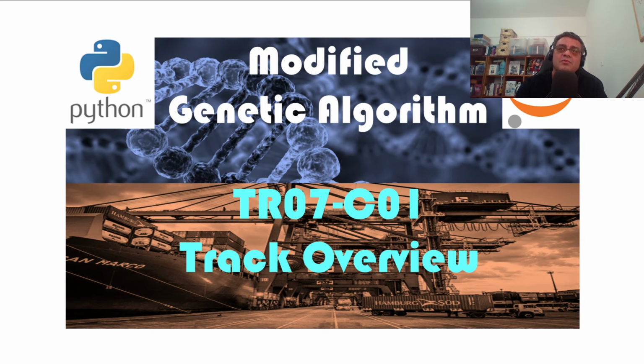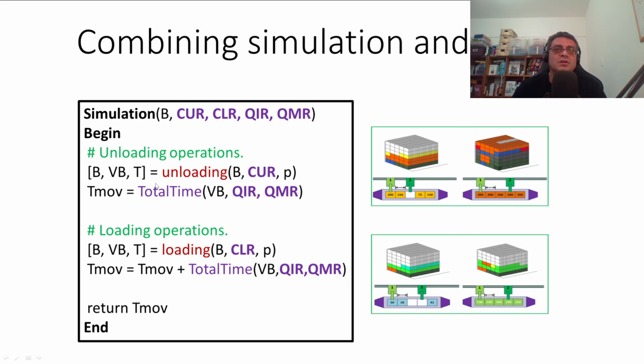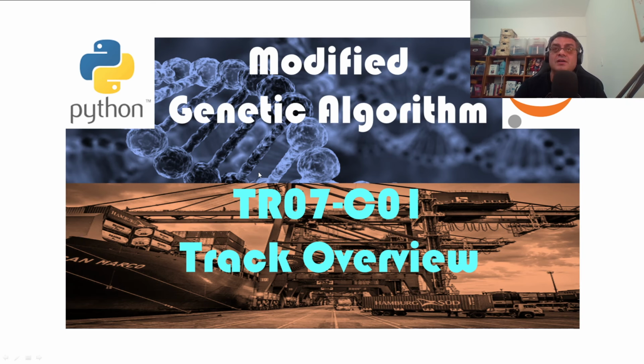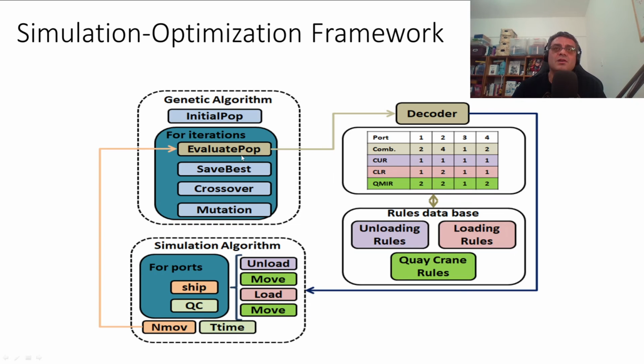This is the reason why we should now modify the genetic algorithm we made before, because we have to account not only for the number of movements but also for the total time needed by the ship to perform unloading and loading operations. It's not just in the evaluation of each individual in the population.